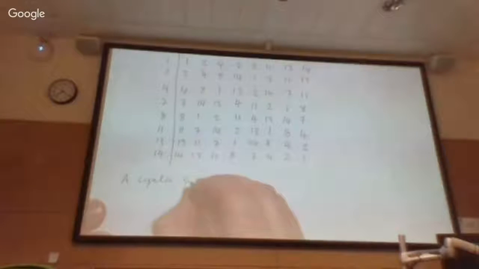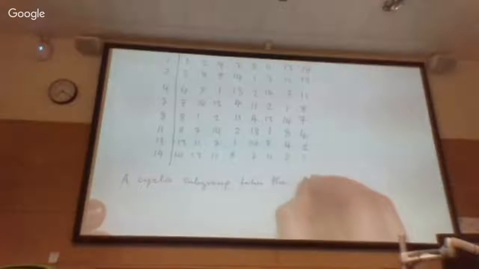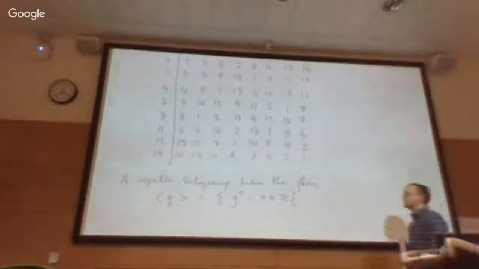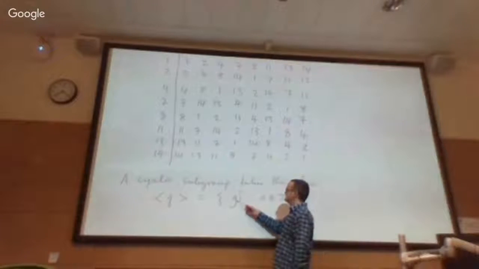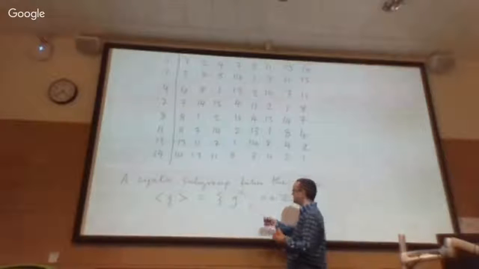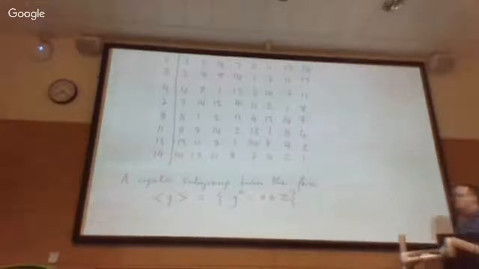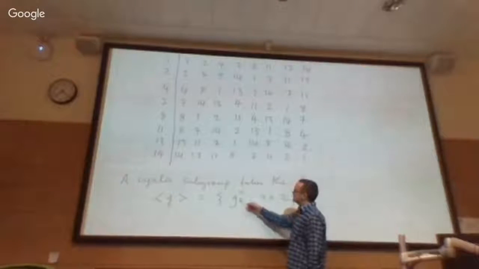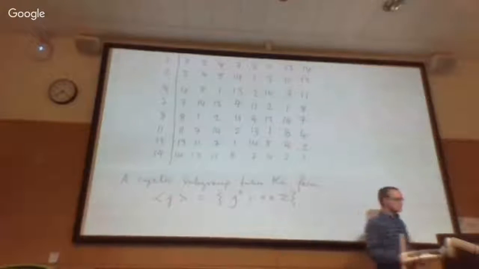So a cyclic subgroup looks like this. This is the notation for g to the power n, where n is an element of the integers. And we understand g to the power n to mean g multiplied by itself n times under the group multiplication. And if it's a negative integer, it means g inverse multiplied by itself n times.